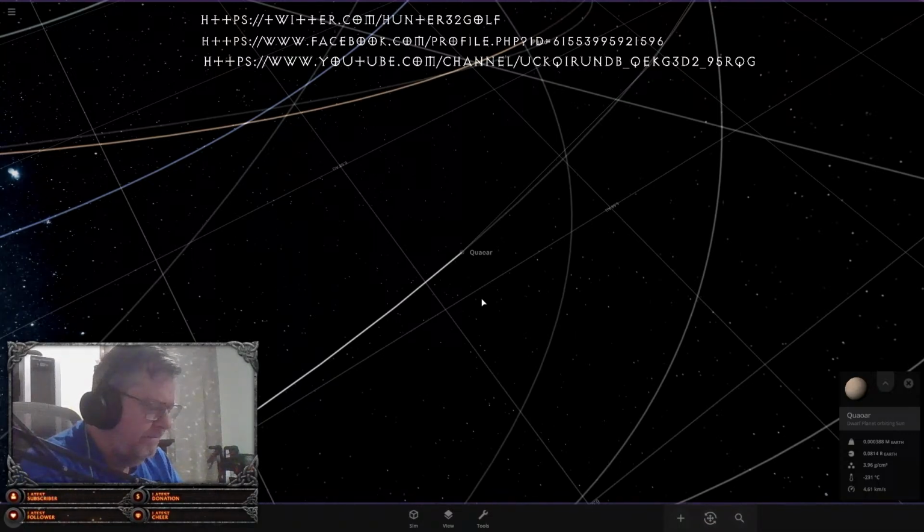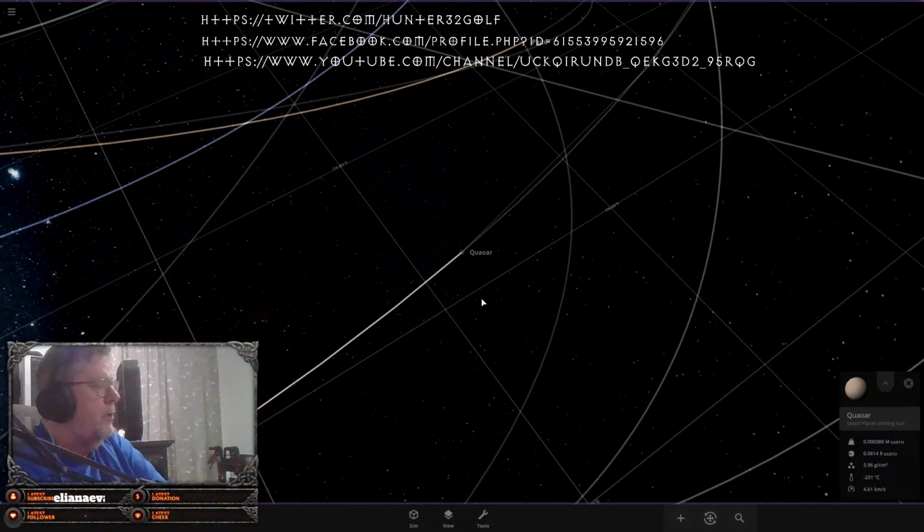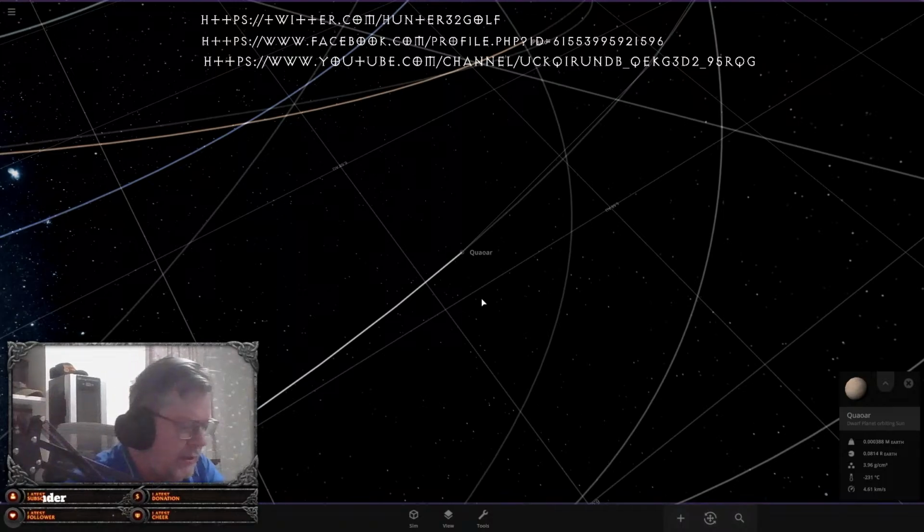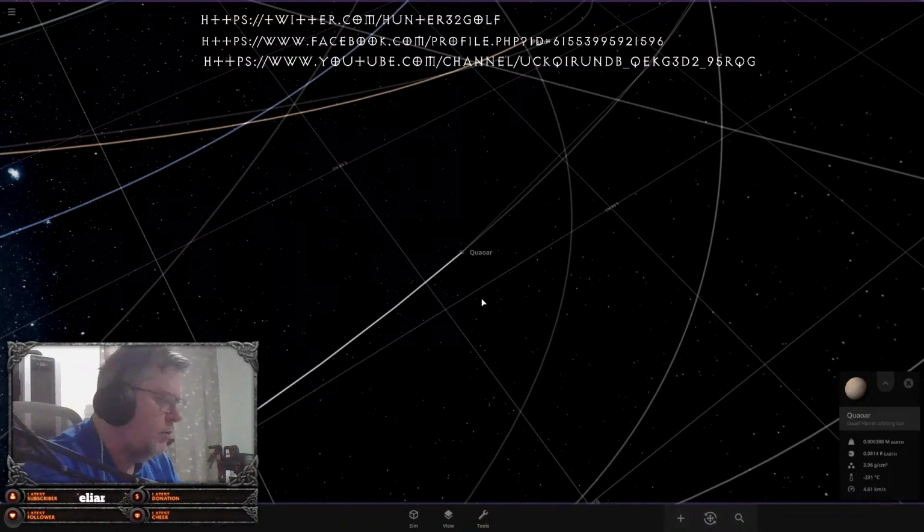Now, Haumea takes approximately 283 years to orbit the sun, and Quaoar takes roughly 288 years. They both have a semi-major axis of approximately 43 AU.